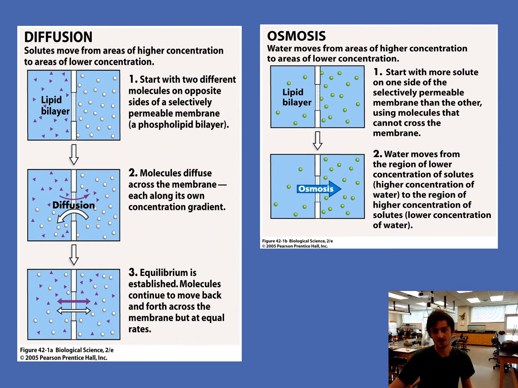So in diffusion, let me get the pen up here, you have a higher concentration of this solute right here, and another concentration of solute right here. So you have 1 and 2. Those are at two non-equal concentrations.